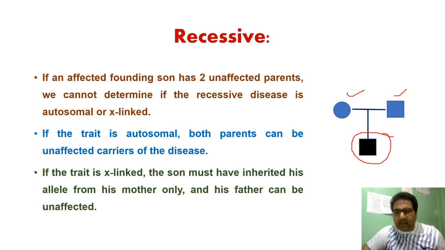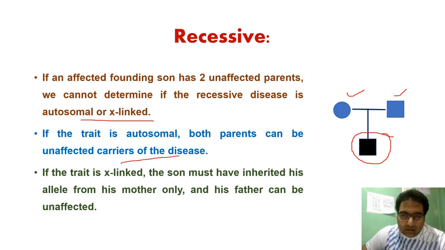But in the case of a male child, we cannot determine if the recessive disease is autosomal or X-linked. If the trait is autosomal, both parents can be unaffected carriers of the disease.